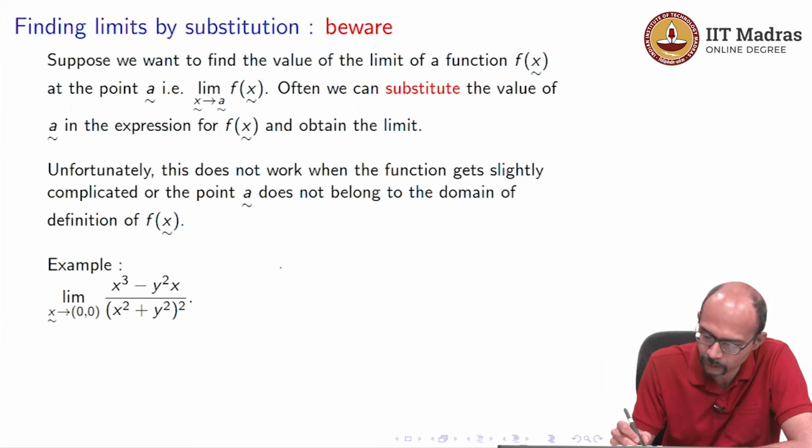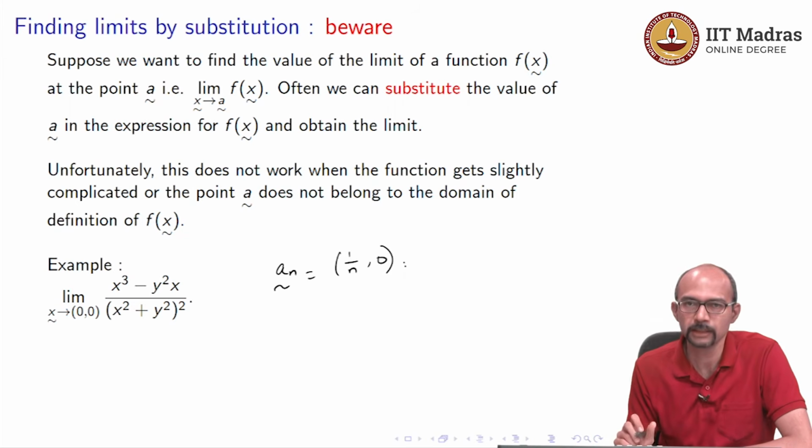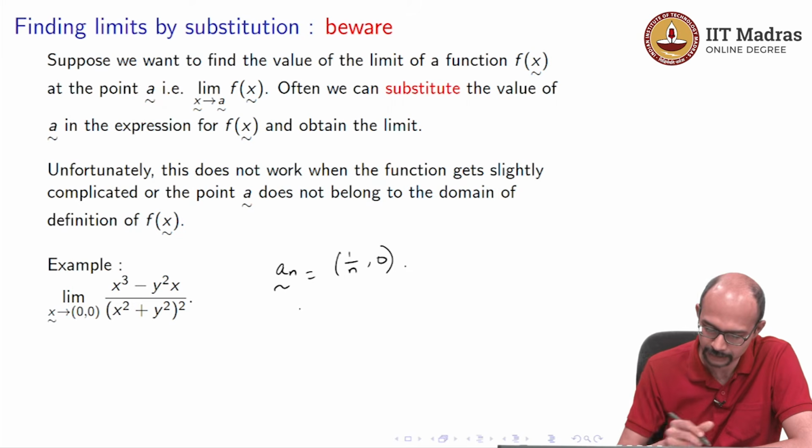Let us first look at sequences of the form ã_n equal to (1 by n, 0). So, along the x axis as I come close to this point (0,0), what happens to this function?